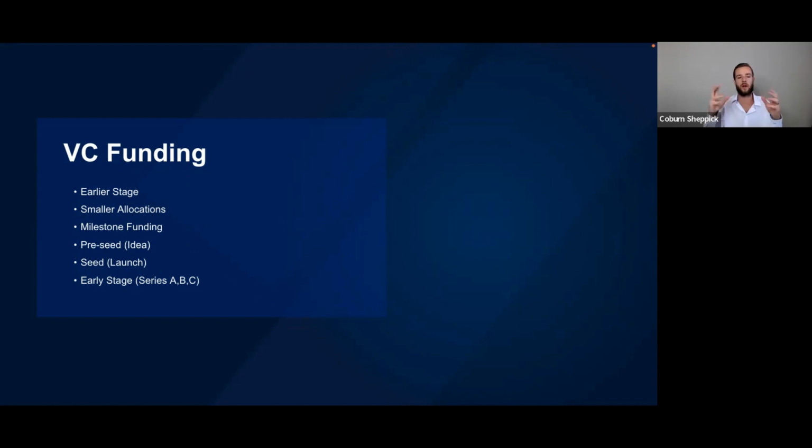And so with all venture funding, venture deals are structured a bit differently because of the risk involved in these early stage companies. These are companies that are not mature, they don't have revenue. These are what you've heard of as startups. These are early, very young companies, and there's a lot of startups out there. And so typically, the way venture works is it's smaller allocations.